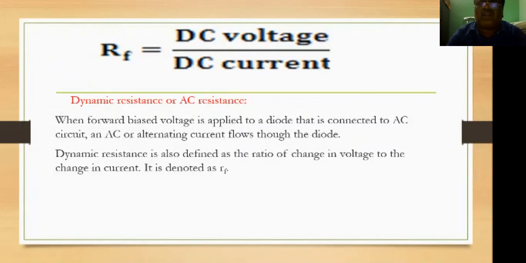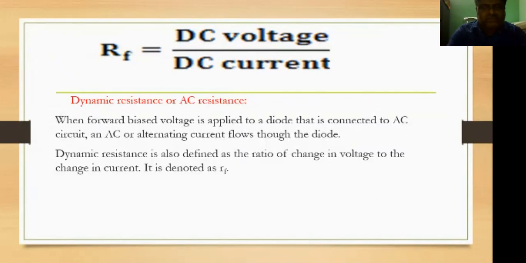Next, what is the dynamic resistance or AC resistance? AC means alternating current. Dynamic means variable resistance. Please keep in mind, dynamic means variable. Once you understand the meaning of dynamic, you can easily understand the remaining concept. That resistor value is variable; that is called the dynamic resistance.